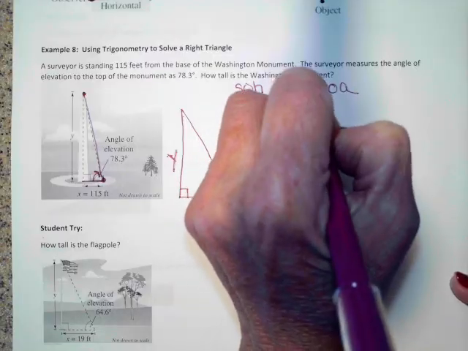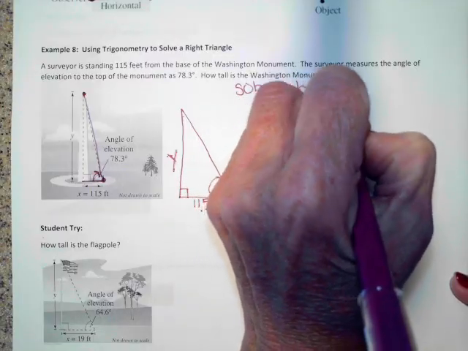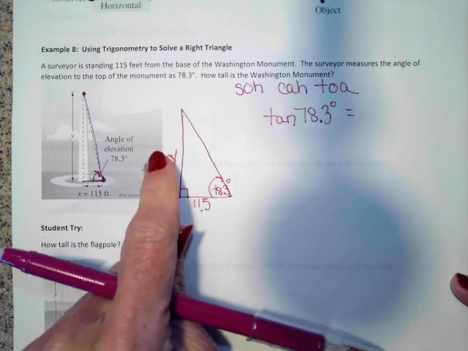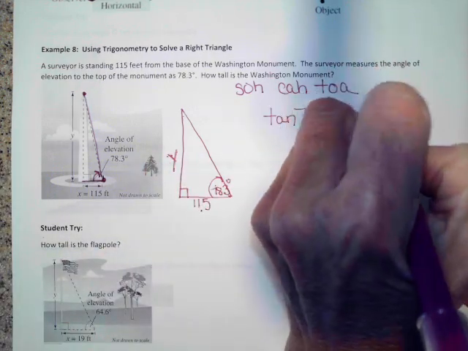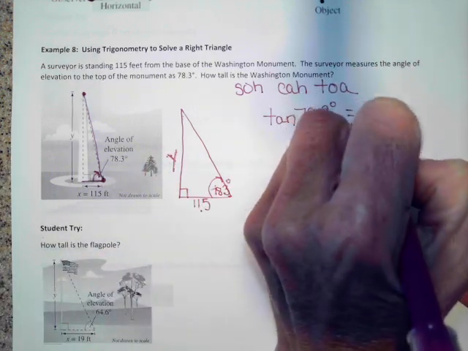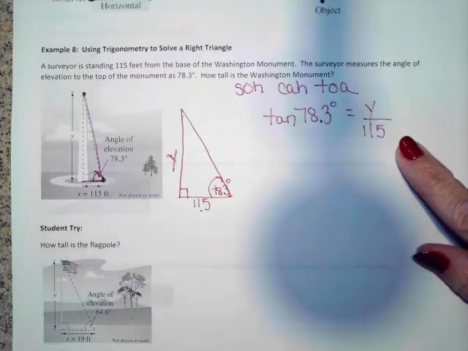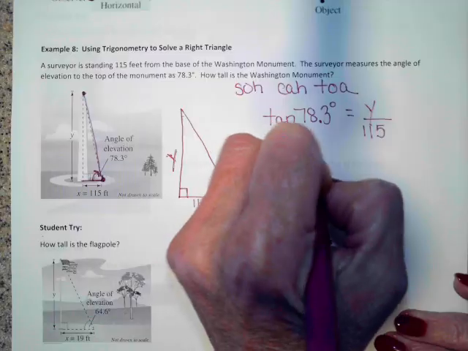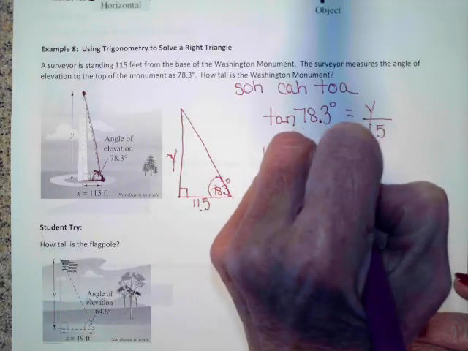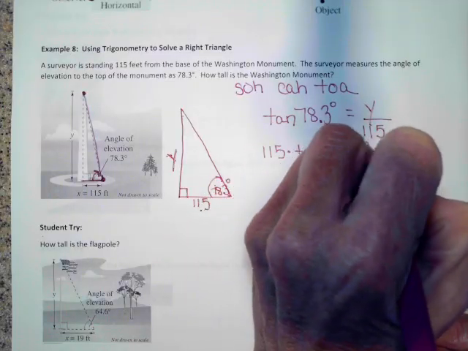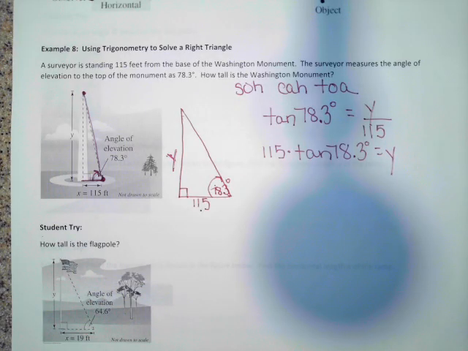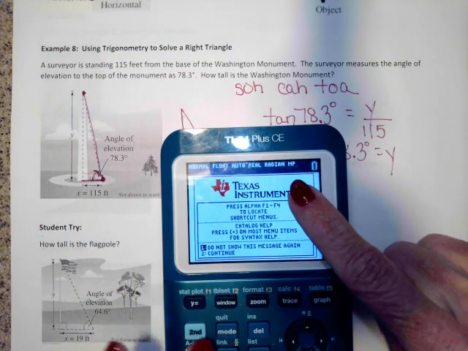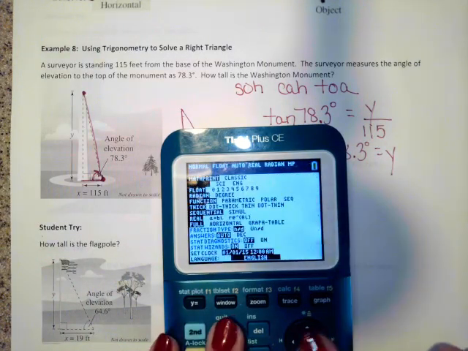So we're going to write this problem. Tangent 78.3 degrees is opposite over adjacent. So then we multiply both sides by 115. And then we're going to use our calculators. Now make sure your calculator is in degree mode.